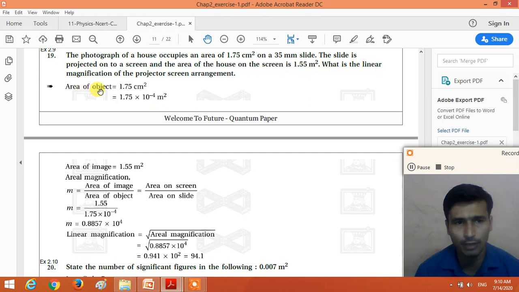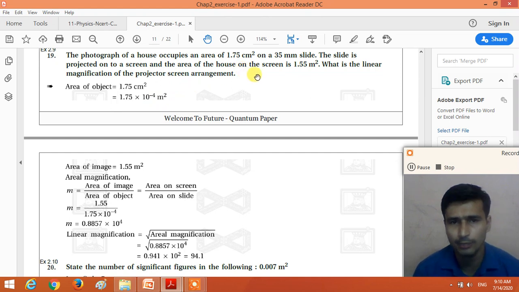So the area of the object, the house, is 1.75 centimeter square, or 1.75 into 10 raised to minus 4 meter square.